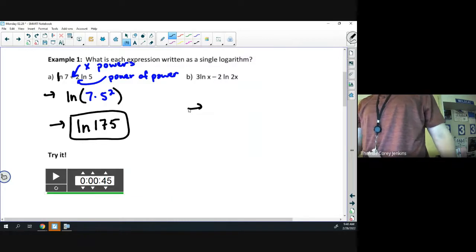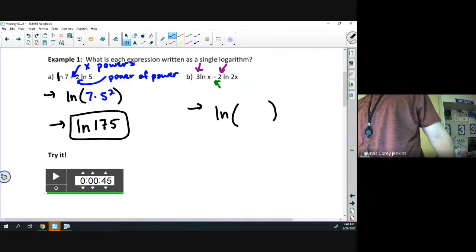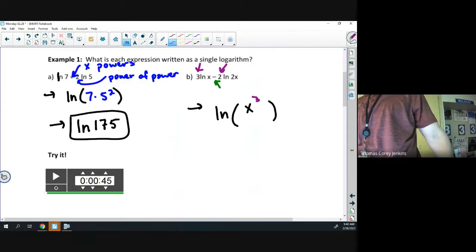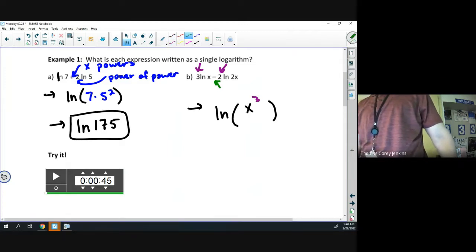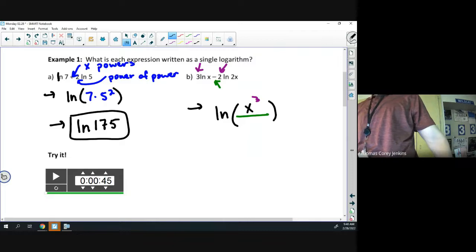All right, so again, we have a couple of coefficients that will be a power of a power, and our operation to the exponents is subtraction, right? So we'll have natural log of x cubed, and then subtracting exponents means dividing powers, so over the quantity 2x squared.